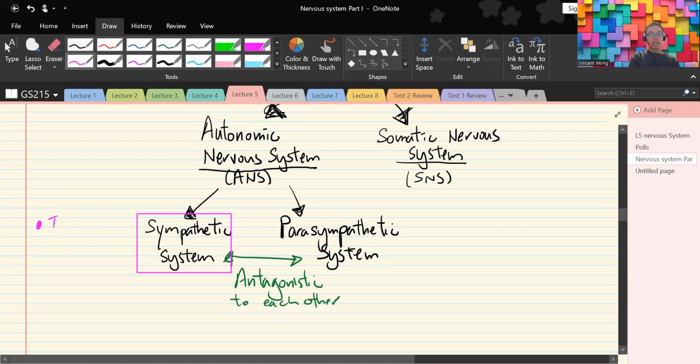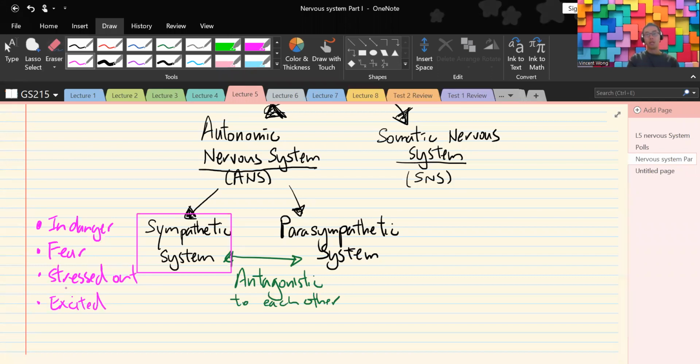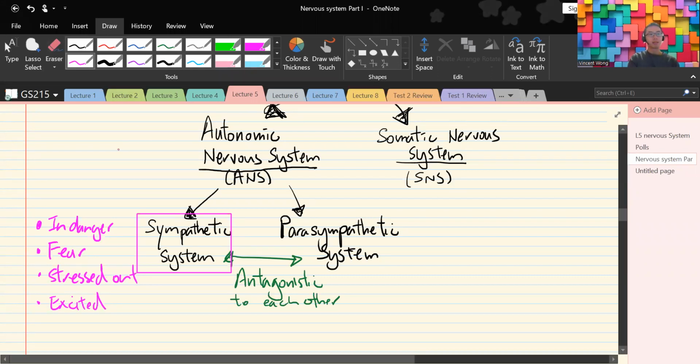So when you are in danger, in fear, when you are stressed out, or when you're excited, like on a roller coaster ride, or when you feel very pumped up from winning a race or a marathon, for example. The sympathetic system is going to be most active during those times. We call it the fight or flight response. When you're in danger, you either fight the thing or you run from it. So that's the sympathetic system.